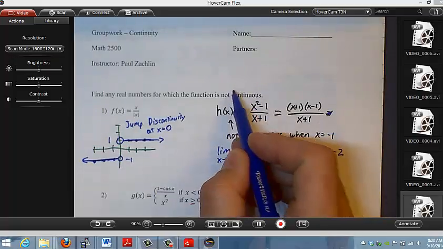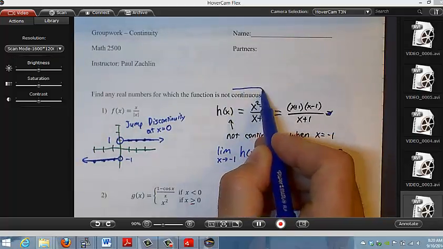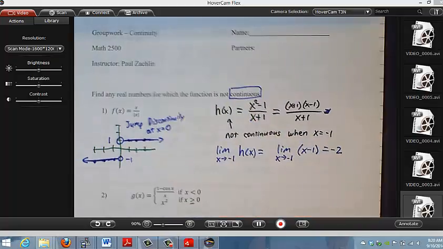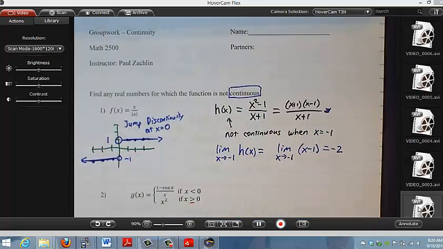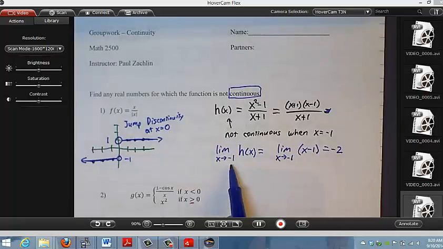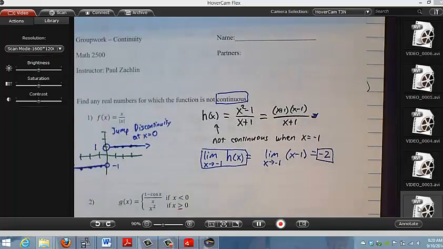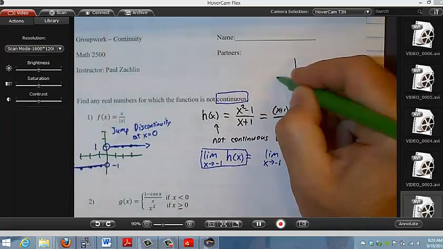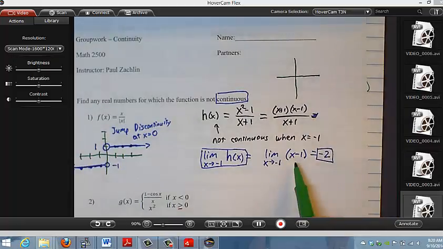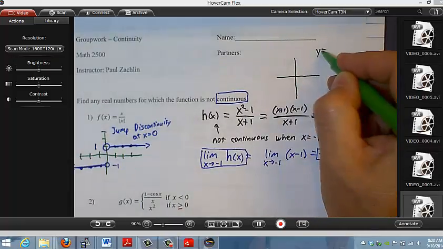So remember, when we say continuous, we have a little idea on the board. We want the limit as you approach a to be the same as h of a here. Okay? Here my a is negative 1. We have the limit exists. Okay? Well, the picture of this graph basically looks like the line y equals x minus 1.